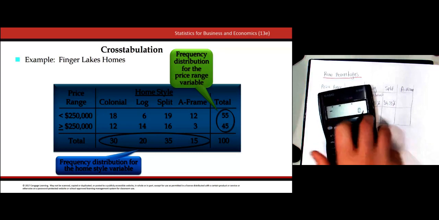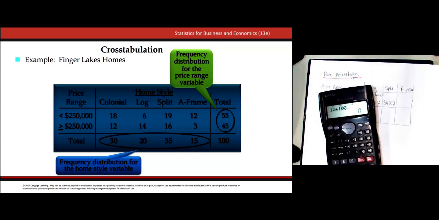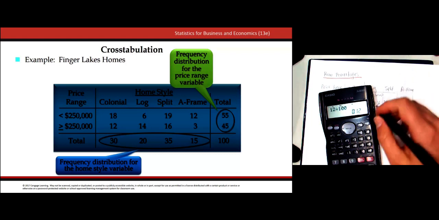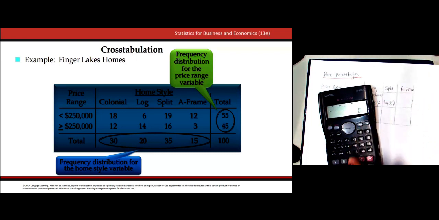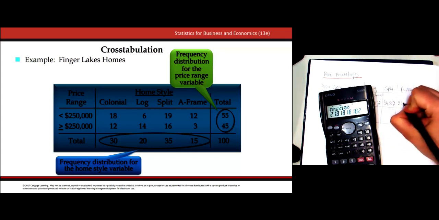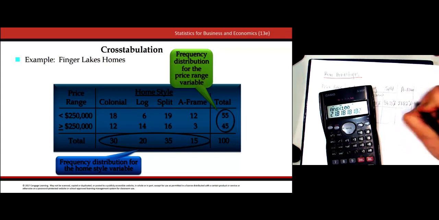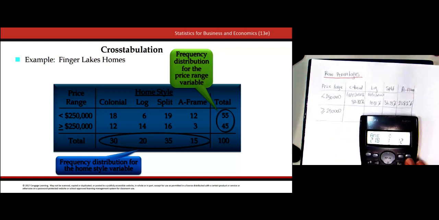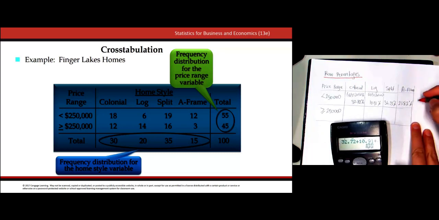And what percentage is A-frame? 12 divided by the row total 55 times 100%, which is 21.82%. And the sum of these percentages, 32.72 plus 10.91 and so on, must be 100. And this is 100.